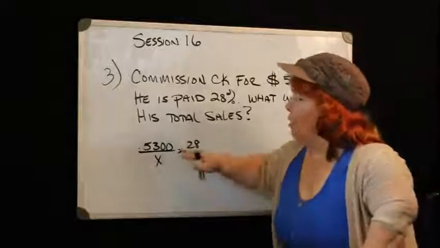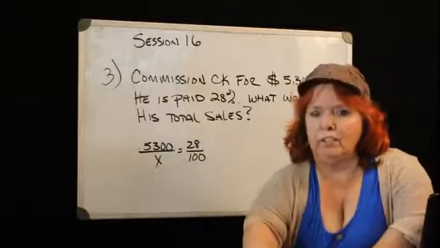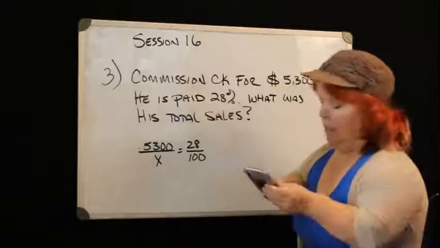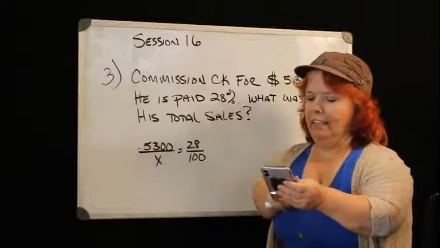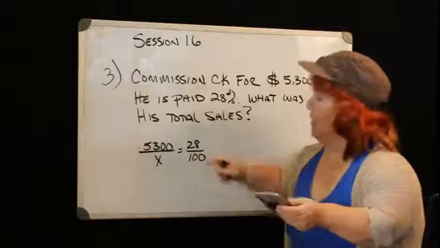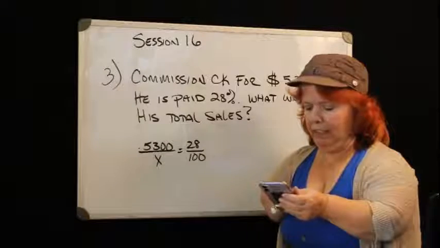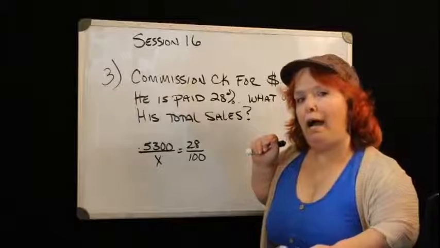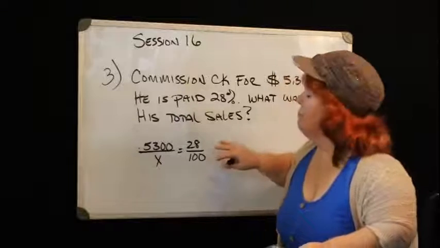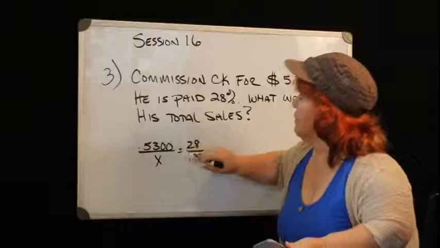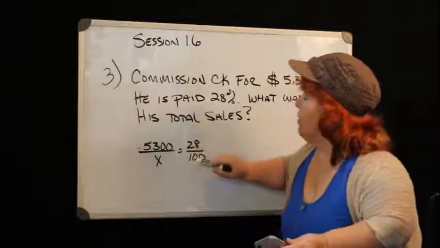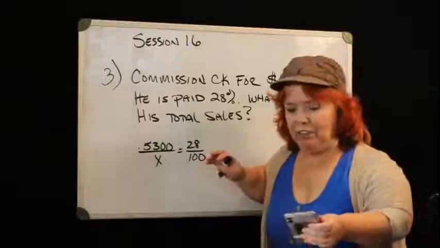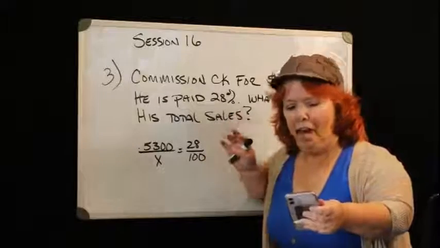So again, cross multiply with two numbers that cross each other, which I'm going to get my calculator to do. Handy dandy calculator. 5,300 times 100, don't really need a calculator to figure that out, right? That gives us 530,000.